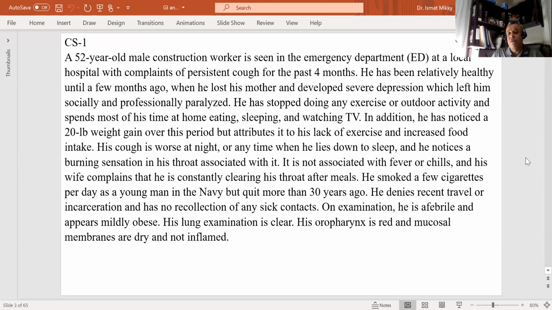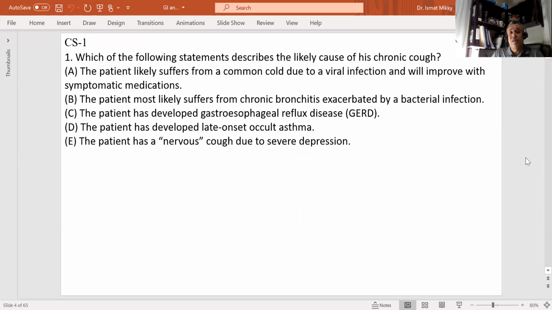So there are a few risk factors that precipitated this patient to develop GERD, considering the risk factors I mentioned earlier. The first question: which of the following statements describes the likely cause of this chronic cough?